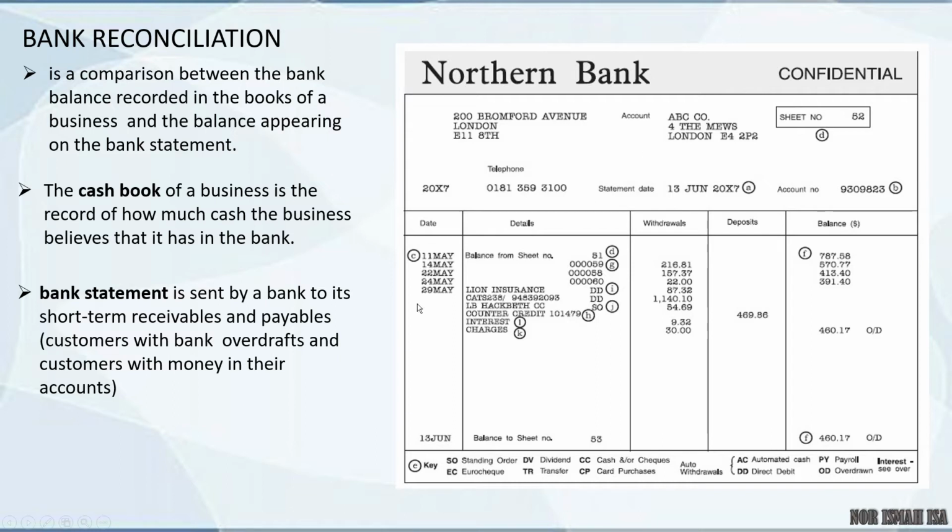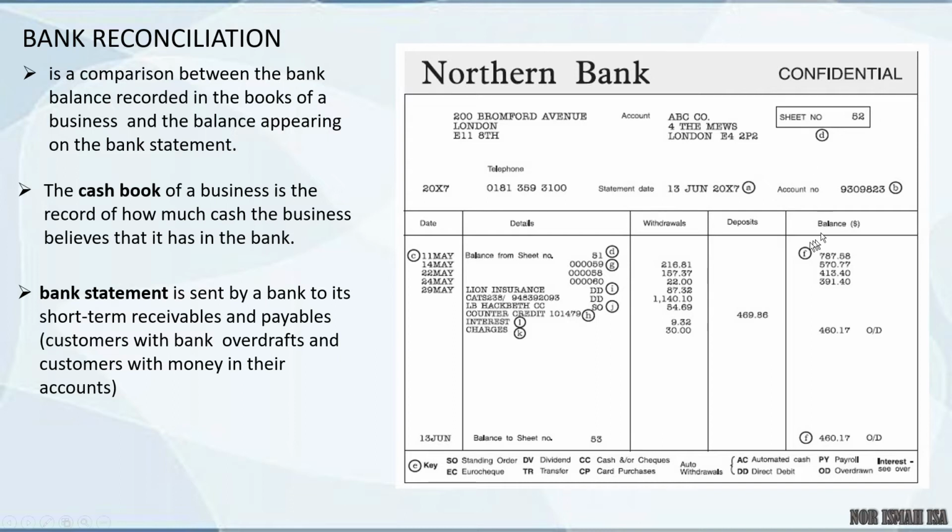C is the date of transaction. D is the balance on which sheet we are going to continue, whereas this D here is the sheet that we are starting with in this statement.